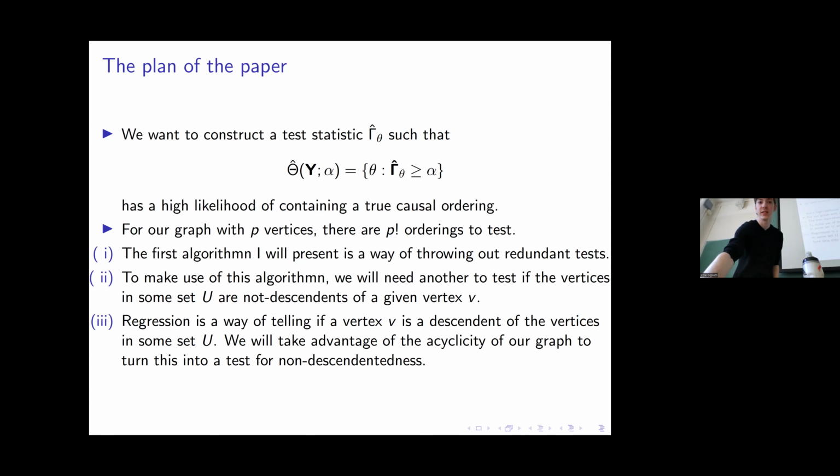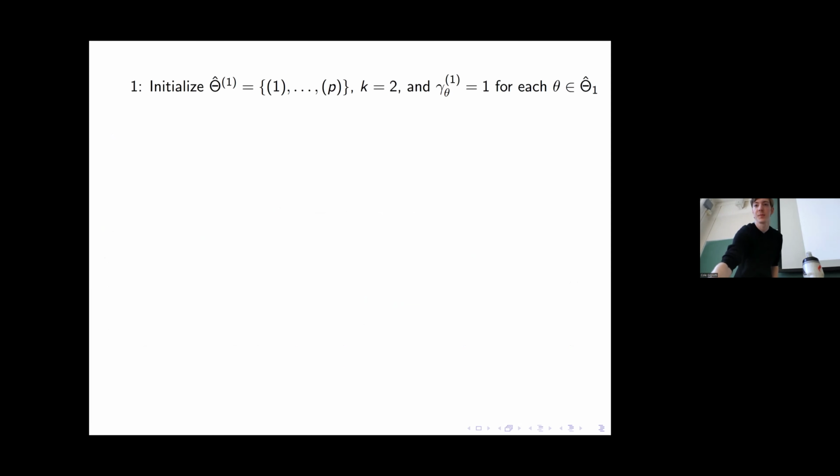So this is the first algorithm, and it's a way of throwing out redundant tests. And we're going to do it in steps. Basically, we're building out our causal orderings one step at a time. So the first step is to take all of the causal orderings on one vertex sets.